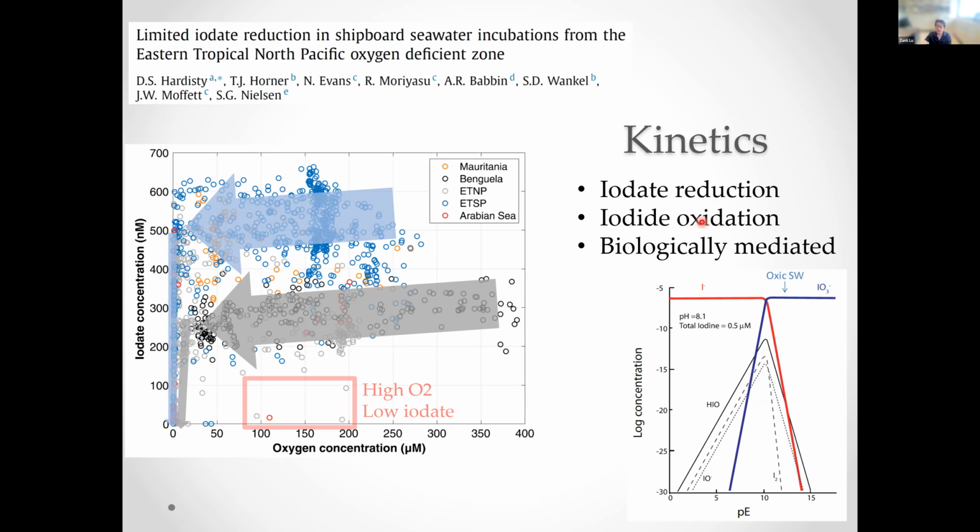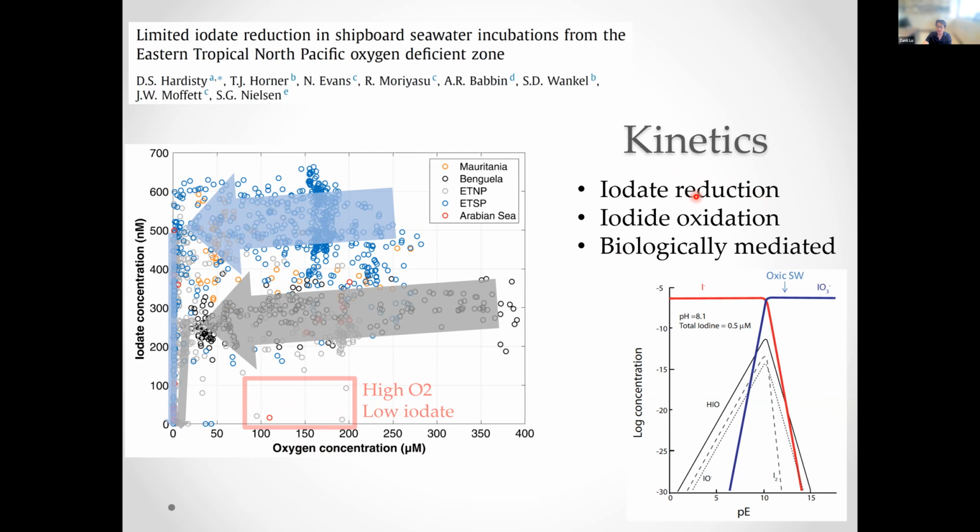You may have a slow iodide oxidation, which will give you these conditions here. And iodate reduction in most cases is relatively fast once it kicks off.